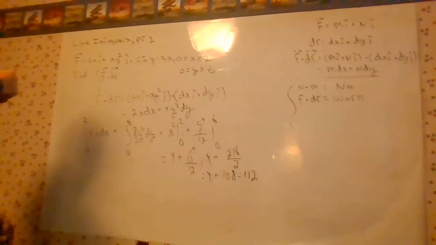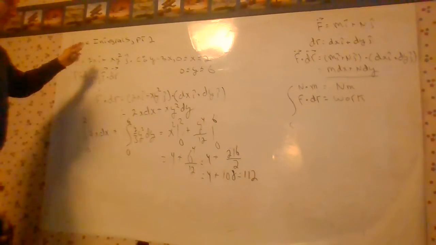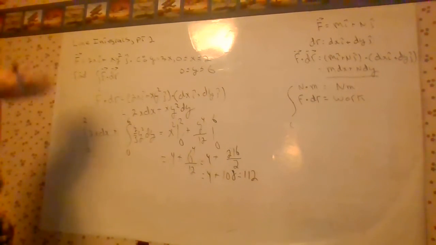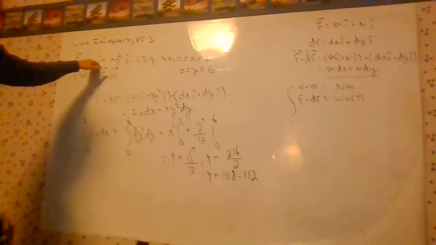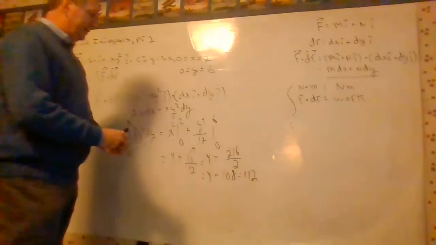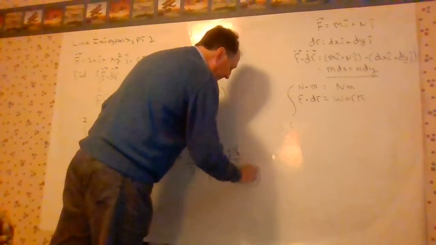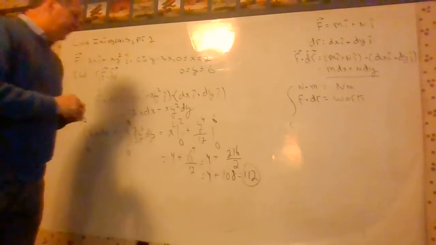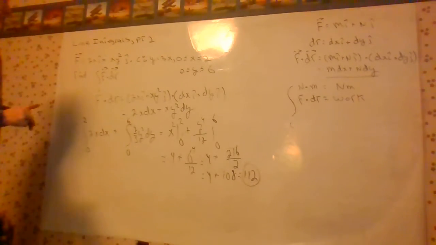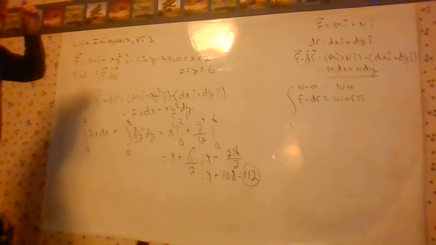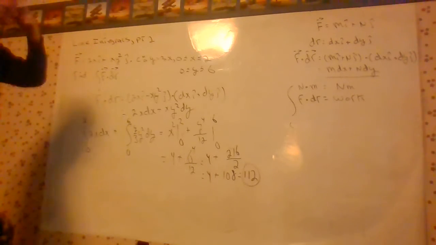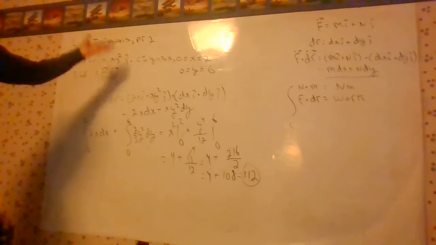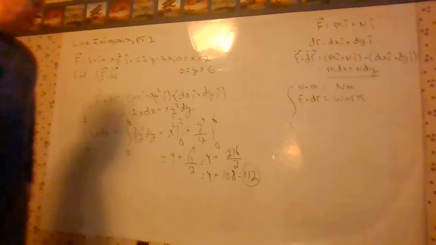So if this is in newtons, we would have done 112 newton meters of work. This force would have done that much work on the object. Positive amount of work. If this was the only force, absent friction or some other external force, this would accelerate the object. How much would it accelerate the object?